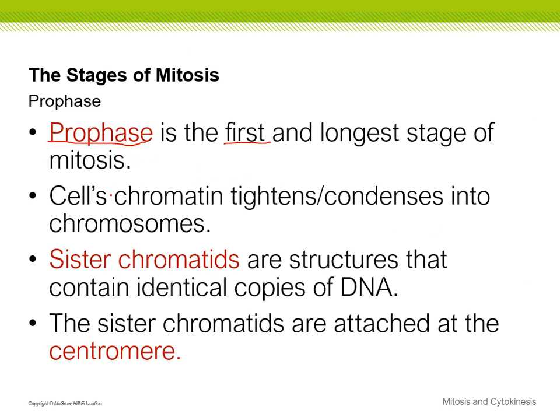So basically, what happens is those cells' chromatin, and if you remember from yesterday, the cell's chromatin is the relaxed DNA. Your genetic material clumps up. With all those novels there, that's a lot of information.